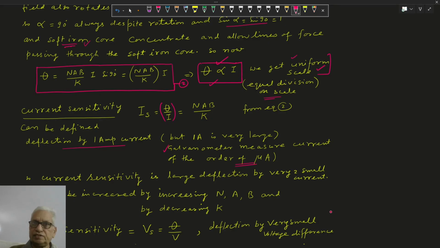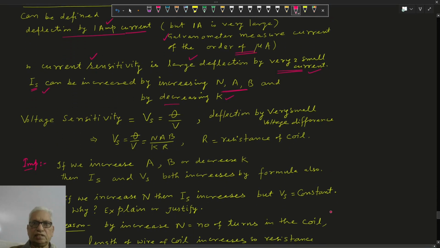So by definition it's okay. Deflection by 1 ampere current, 1 ampere तो हम दे ही नहीं रहे. So current sensitivity here means large deflection by the very very small current of the order of microampere current. Current sensitivity can be increased by the numerator part NAB and by decreasing the denominator part K.